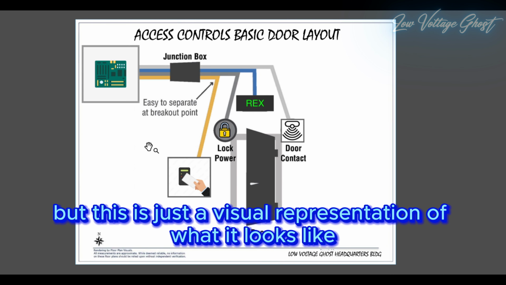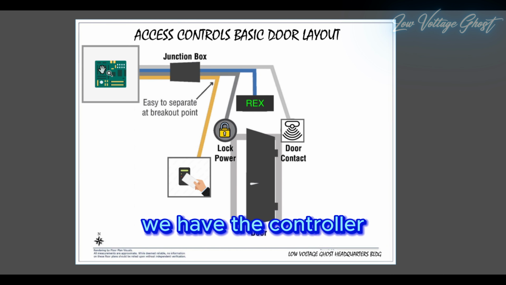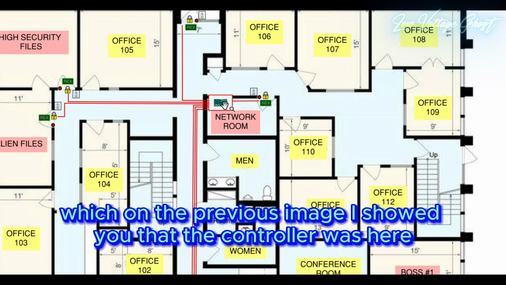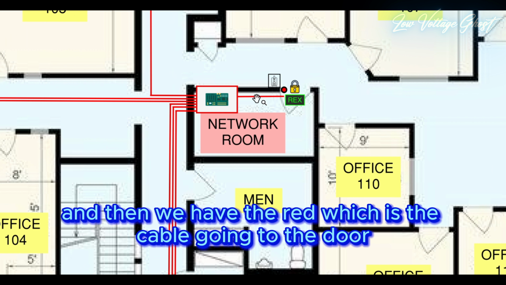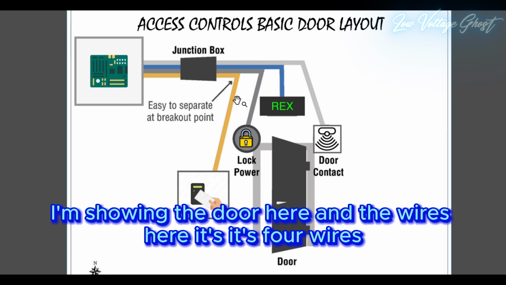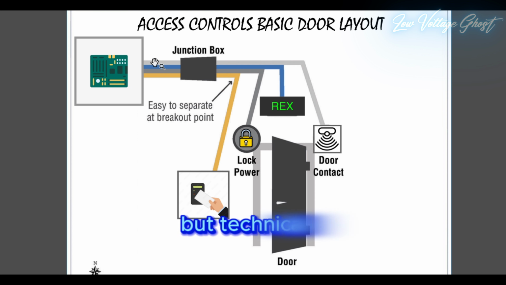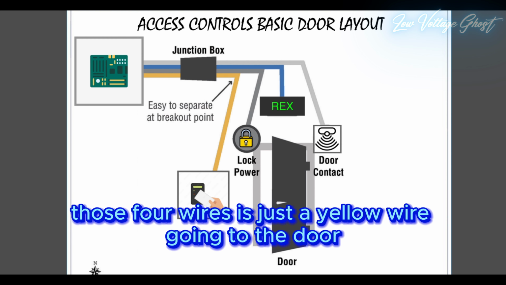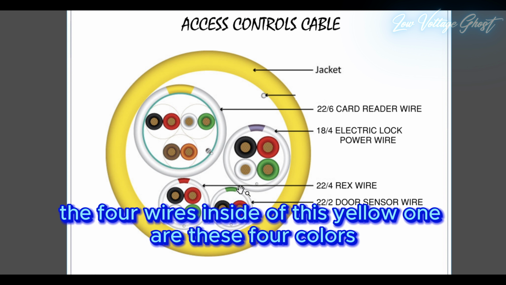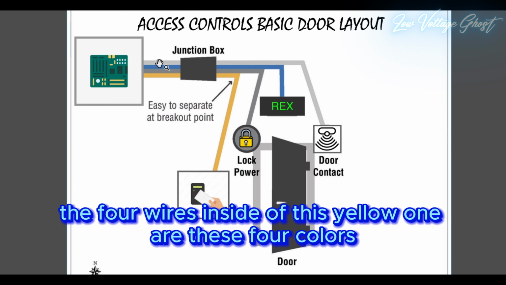We have the controller, which on the previous image I showed you was here, and then we have the red, which is the cable going to the door. In this instance, I'm showing the door here and the wires here. It's 4 wires, but technically those 4 wires are just the yellow wire going to the door. The 4 wires inside of this yellow one are these 4 colors.